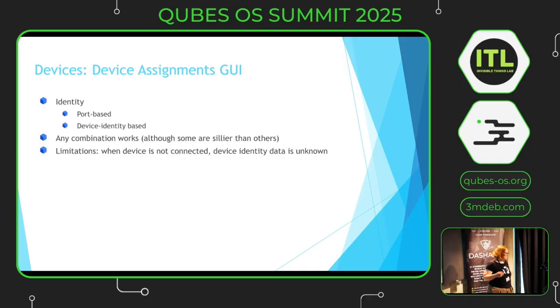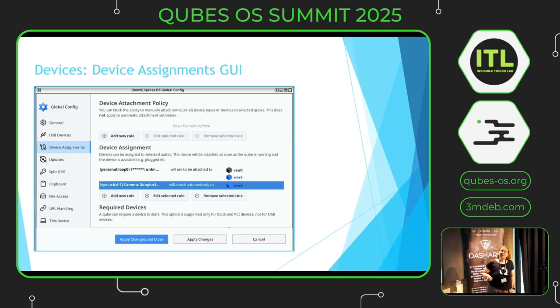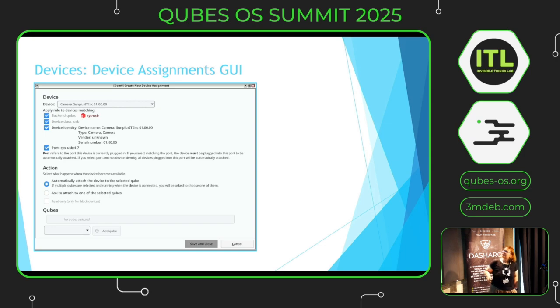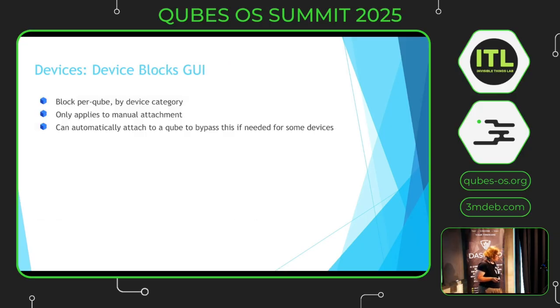We can also set the assignment based on the port the device is plugged in or the identity of the device. The limitation is here that if the device is not plugged in, it's called unknown device, unfortunately. Yeah, and this is the GUI for actually setting those settings, where you can pick what do you want to match, what do you want to do with it, what will happen with it.